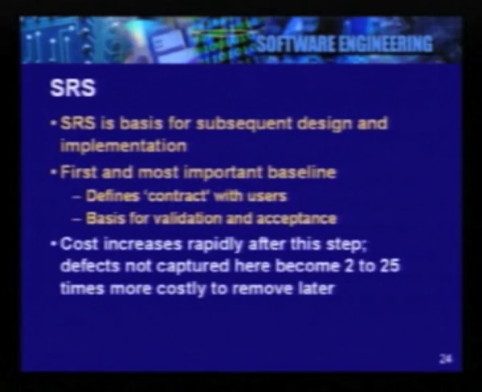Cost increases rapidly after this step, so it is important that all the defects are captured here itself, and that we do not misunderstand the requirements or the specifications, because any defect which is not captured here and which enters in the design and in the implementation is going to be much more costlier subsequently, as much as 2 to 25 times more costly to remove these defects.